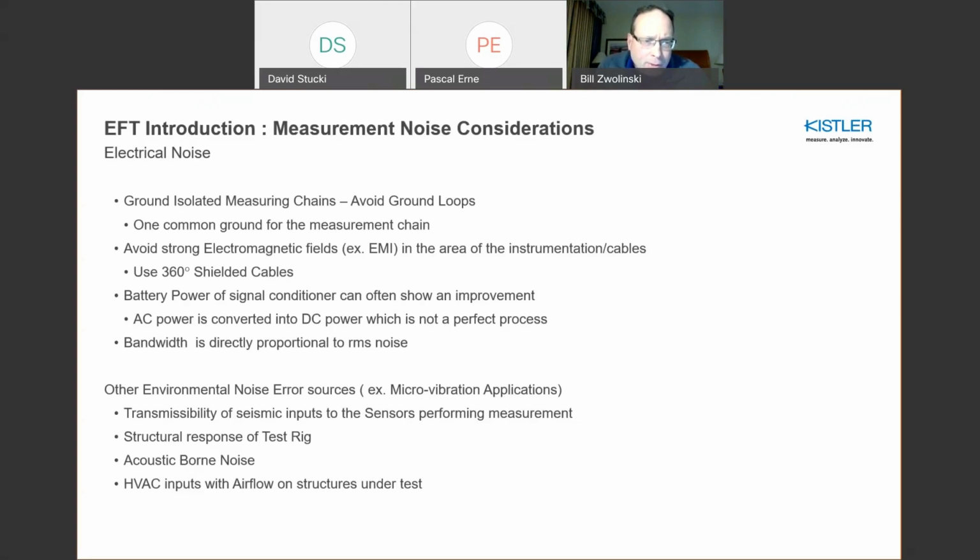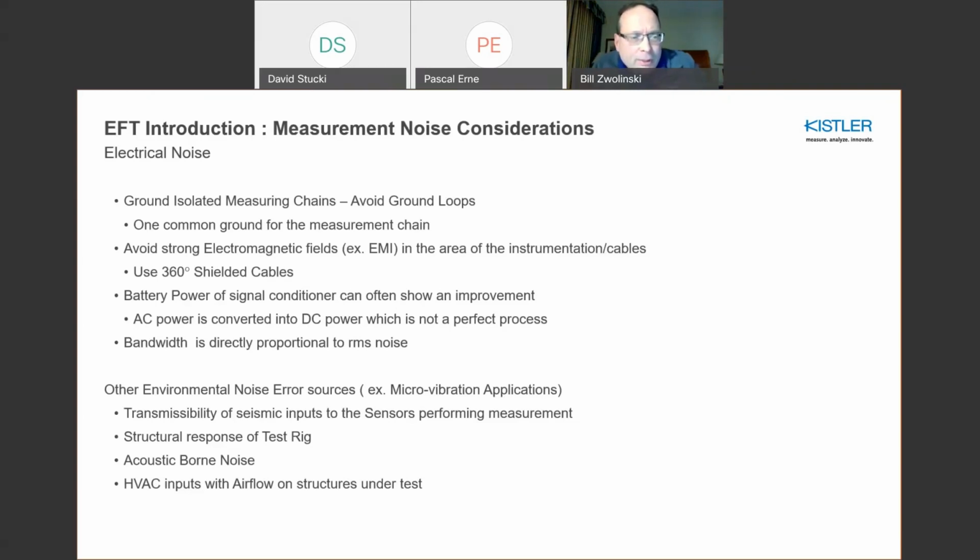Battery power, we're going to touch upon, is another way to reduce electrical noise. And obviously the AC power conversion to DC is somewhat of a noisy process, so using battery sort of eliminates that. And as we talked previously, bandwidth is directly proportional to our RMS noise. And that's always a factor, to understand the analog bandwidth that you need to make your measurement work.